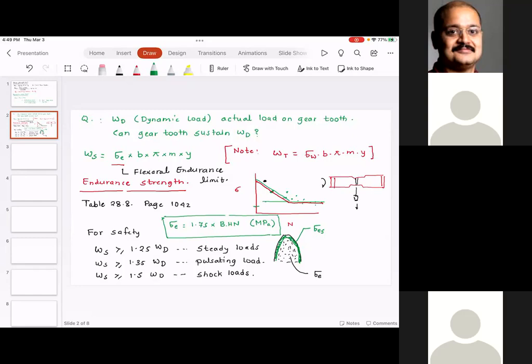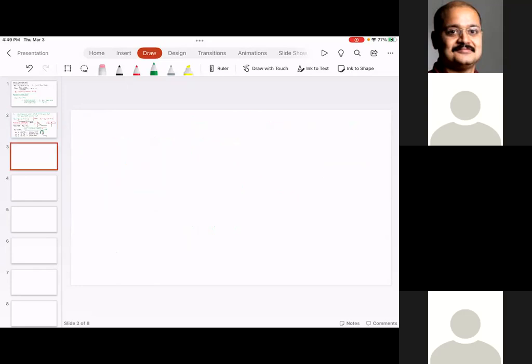Now the next part is determination of the wear load. What is this wear load? Please understand, when two gear teeth come in contact, there are Hertzian stresses.